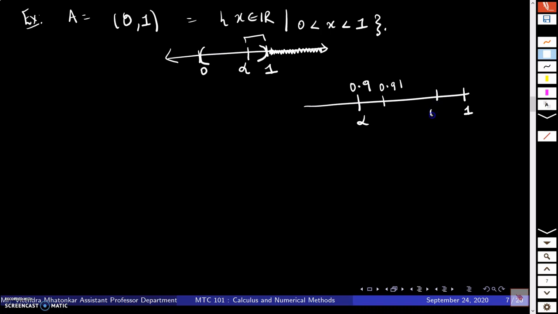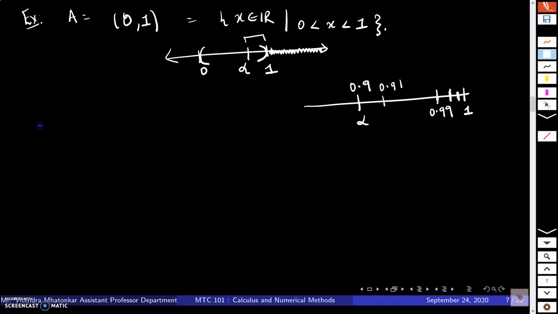Even if you say 0.99 is an upper bound, again that is going to be false, because I can find the midpoint of 0.99 and 1, and again I will find a point of A there. Again, if you say this point which I marked just now is an upper bound of A, that will be false, because here I can find points of A. So this gives us some intuition that 1 is the smallest upper bound of A, and there cannot be any upper bound of A which is smaller than 1.